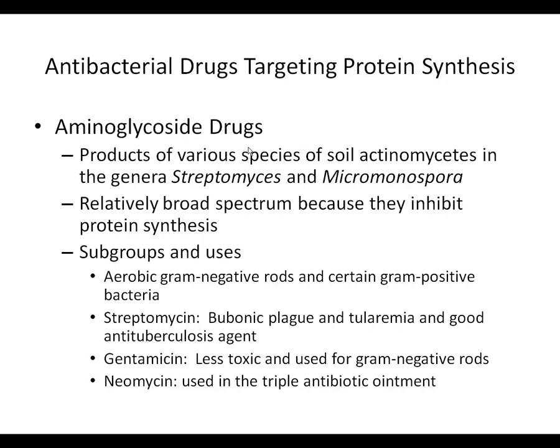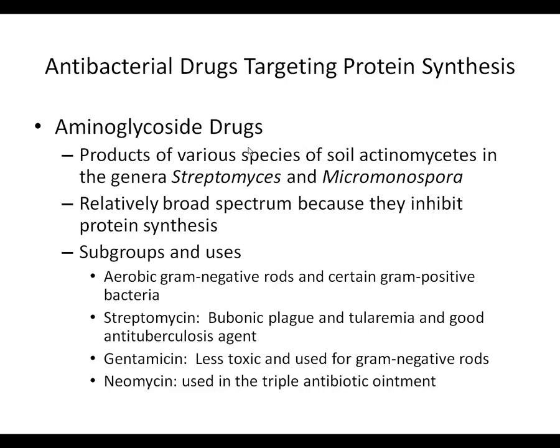These are going to be the two that give us the greatest effective aminoglycosides. They are relatively broad spectrum because they do inhibit protein synthesis. If they have a cell that is gram positive or gram negative, protein synthesis stays the same in each type of cell. So because they do target protein synthesis, they are relatively broad spectrum.